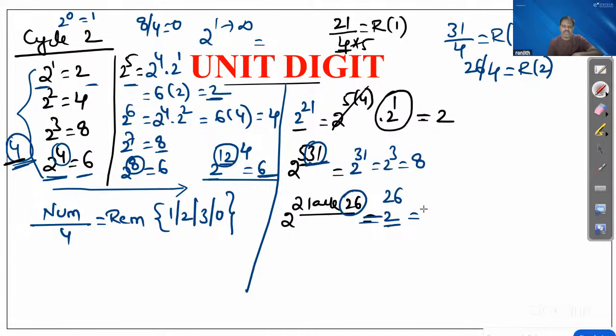So that is 2 square, which equals 4. And the next is 2 power 2024. Out of 2024, the last two digits are 24. If the power is a multiple of 4, the unit digit is 6.